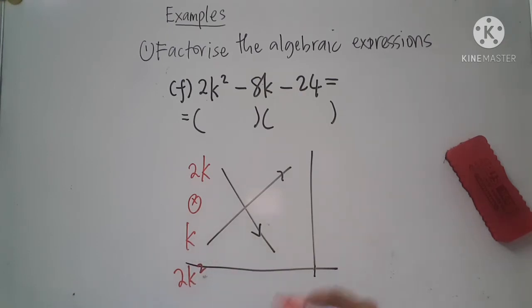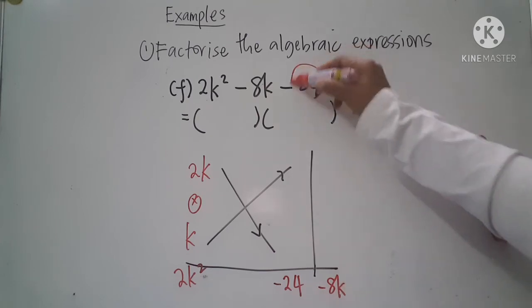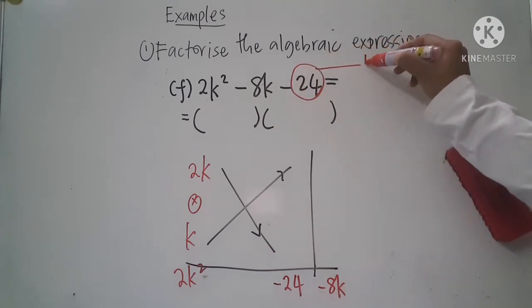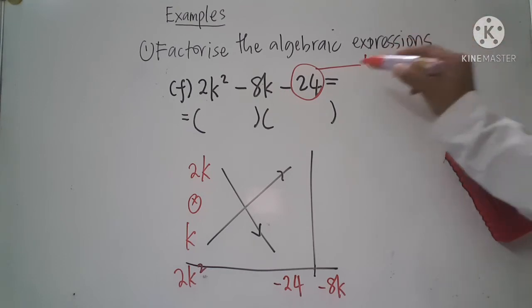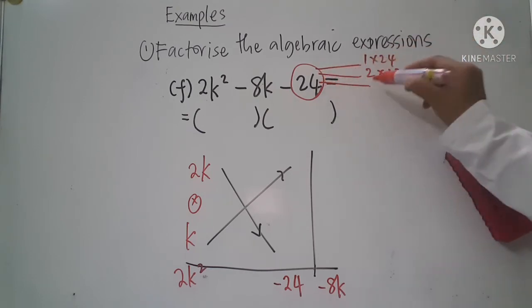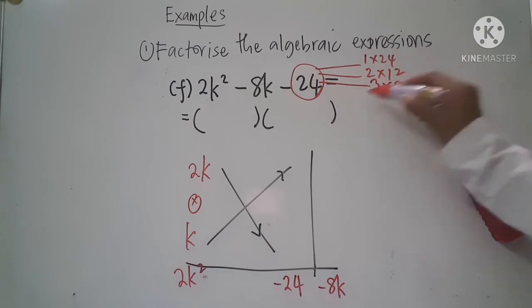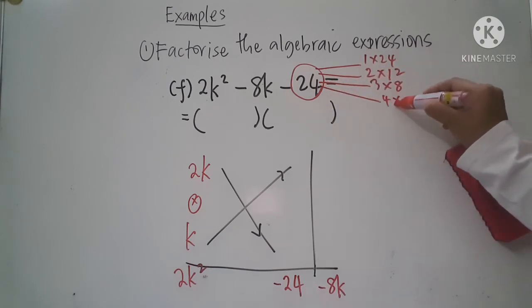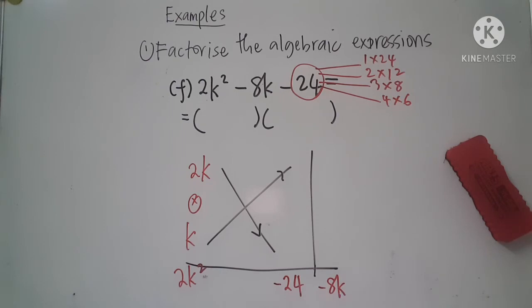Next one, here will be negative 24. Here will be negative 8k. How we can get the 24 here is by 1 times 24, 2 times 12, 3 times 8, 4 times 6. There are so many factors for 24.